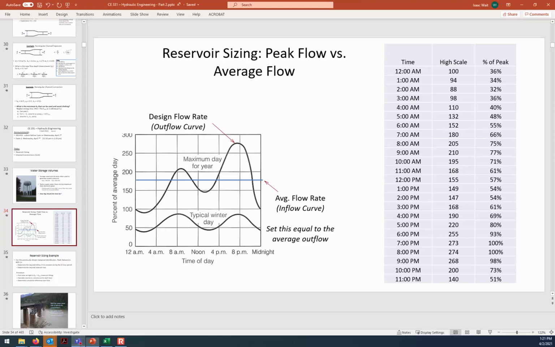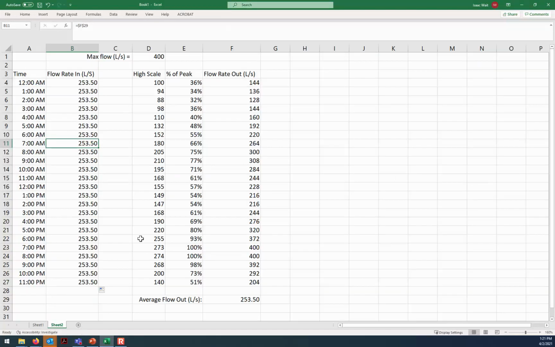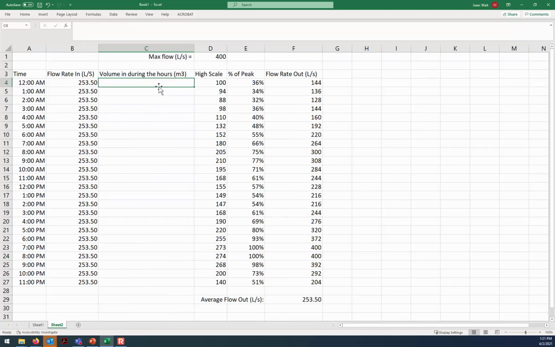Okay? So we know the flow rate in. Let's calculate the volume in during the hour and calculate it in terms of cubic meters. Volume in during the hour, because each row represents a 1 hour period.